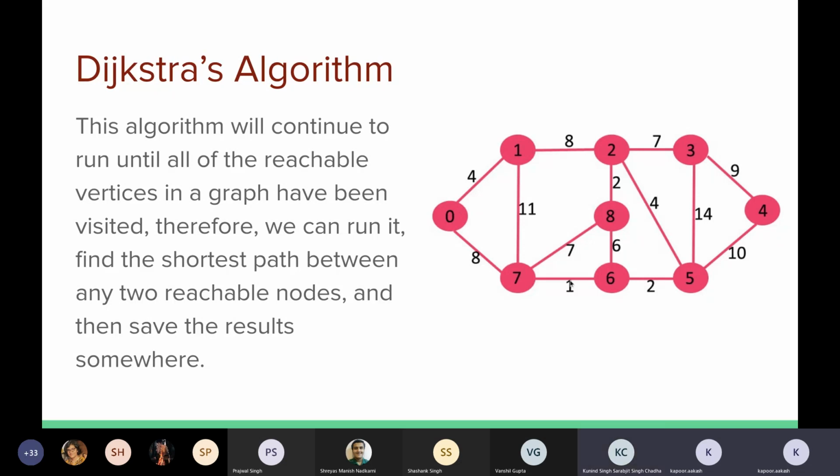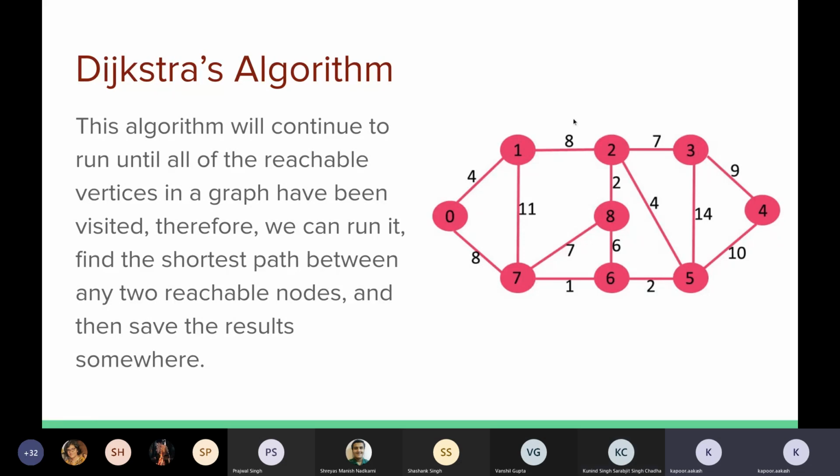Now you look at all of its neighbors that have not been visited. So 4 will be 3 plus 10, 13. 3 will be 3 plus 14, 17. And 2 will be 3 plus 5, 8. Now you have a certain number of elements which have some distance. Then you'll find the minimum and try to go to every node.